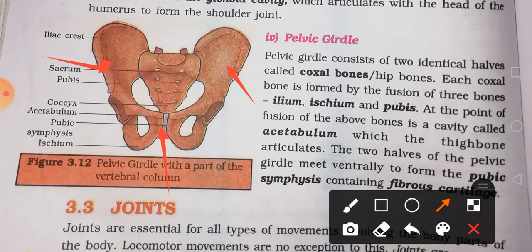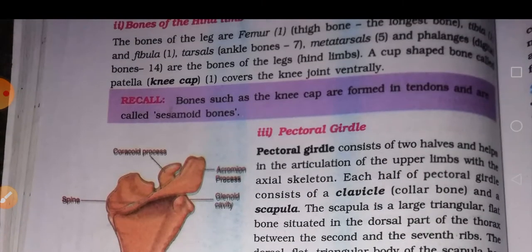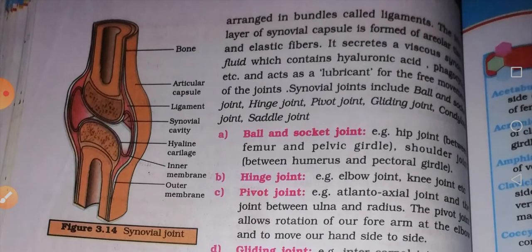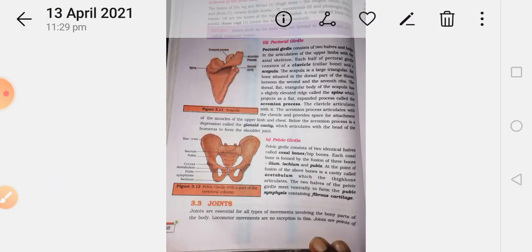You got it? Okay. So next, the joints are essential for all types of movements involving the bony parts of the body.